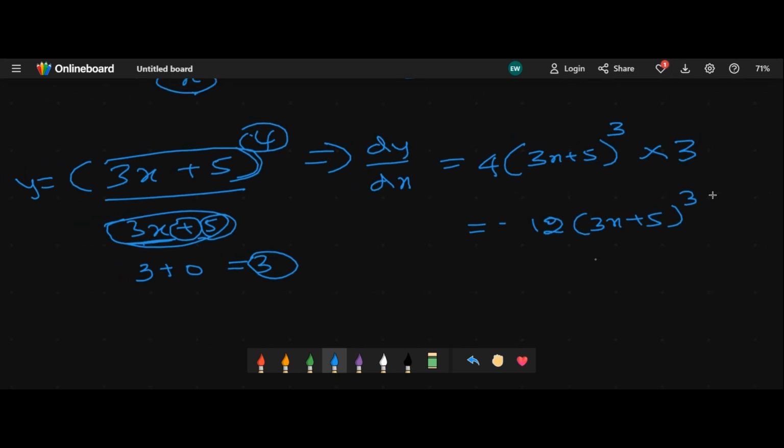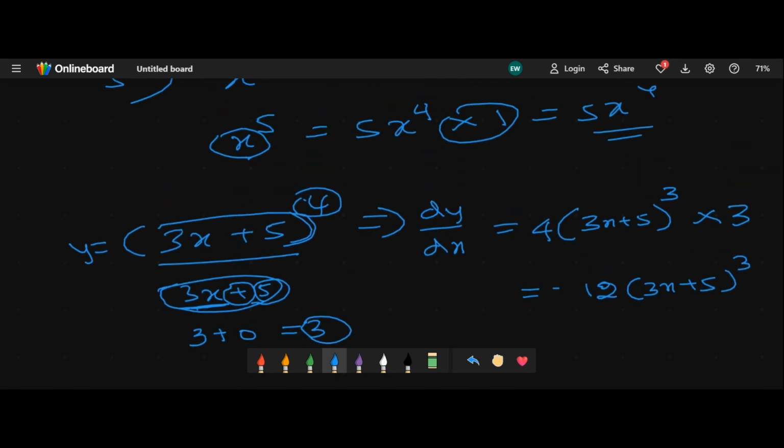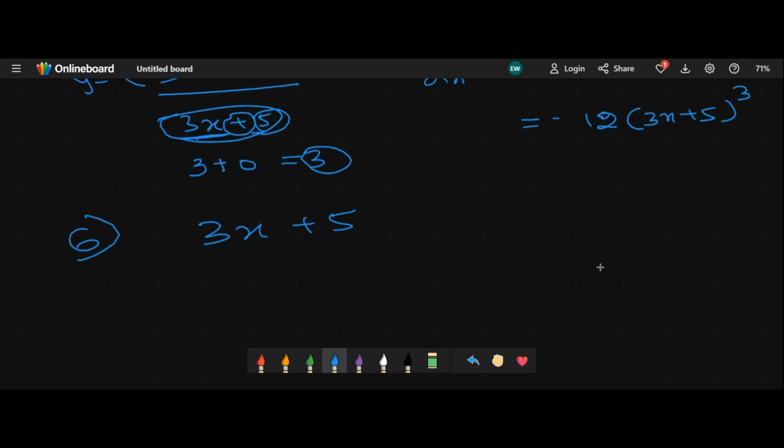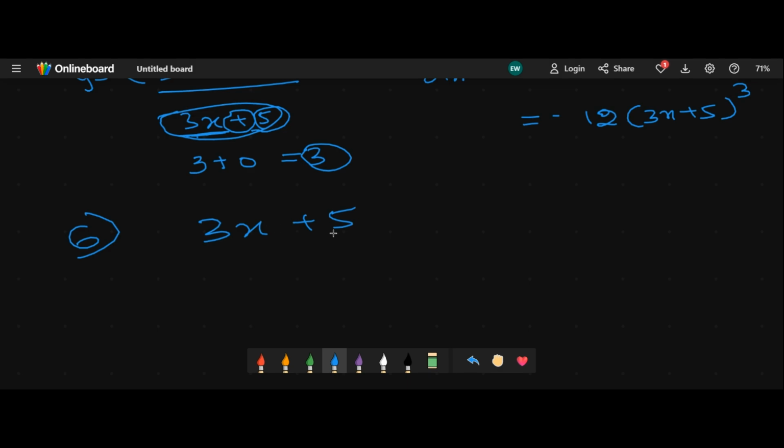Actually, I should have put this rule in the sixth place, because I didn't teach you how to handle it when terms are getting added or subtracted. That is the sixth point. So let's say y is equal to 3x plus 5.